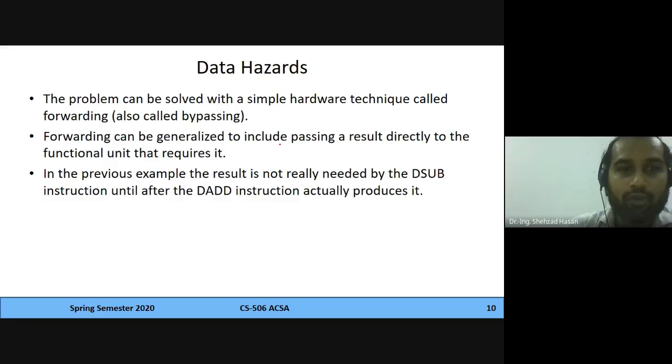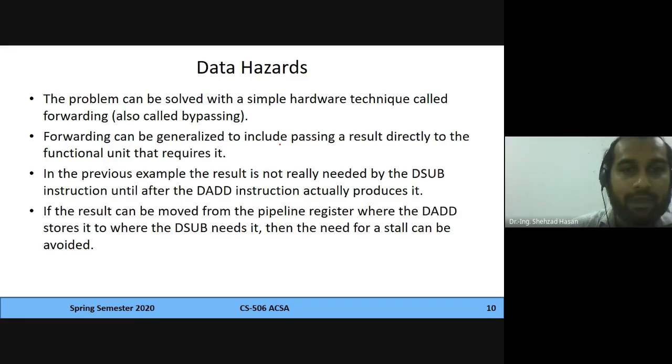We talked about that in the previous example: the result is not needed until the ALU stage, and if you can provide that result, then these two instructions can continue in subsequent cycles.